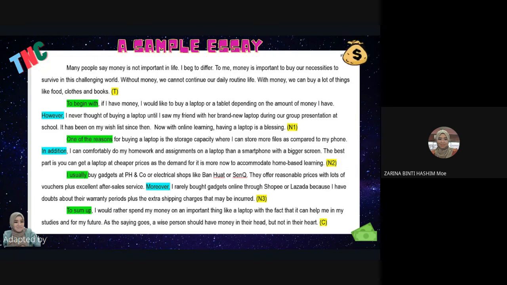Any other questions? Grammar mistakes, yes, of course. Spelling, grammar, all will be taken into account. Yes, please, Kachi, please look at your spelling as well. Some of you, I think you still have to work on your spelling, because as I mark your essays, I know some of the words that you spell are wrong.